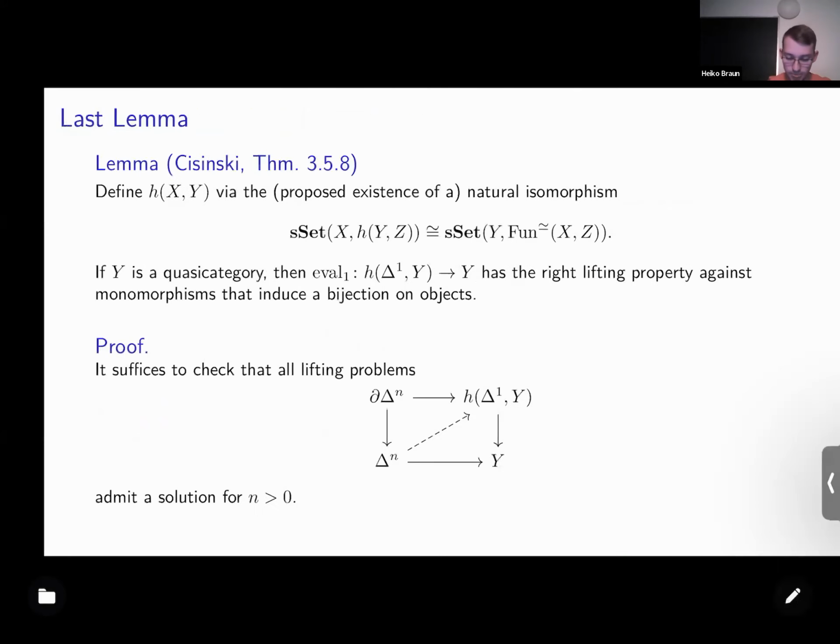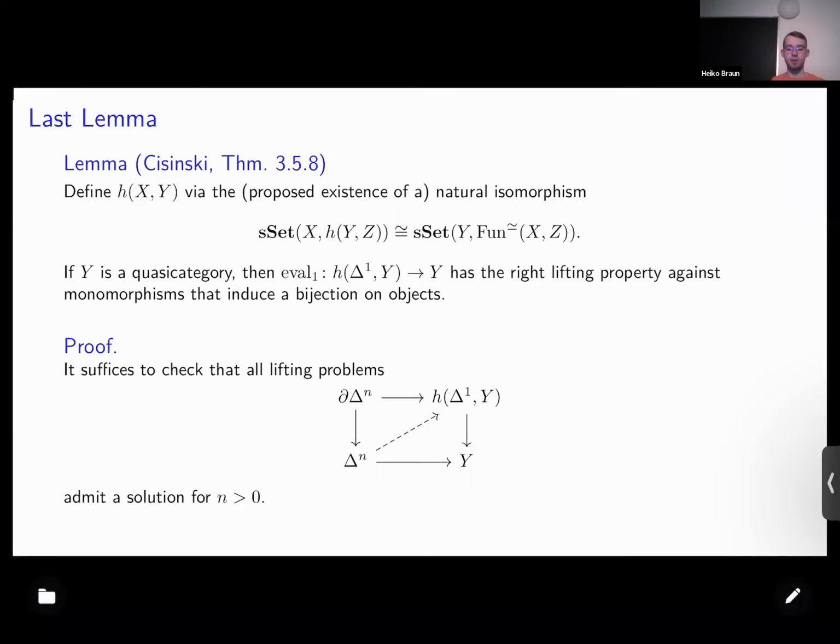Okay. And now the last lemma before we prove that is this one by Cisinski in his book. It's theorem 3.5.8. We first define H of X, Y, which is somehow similar to the object-wise invertibles of X and Y, or X and Z in this case. And we define it by the proposed existence of such an adjunction.